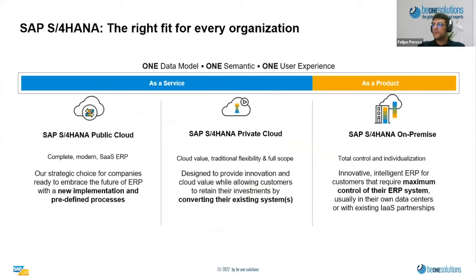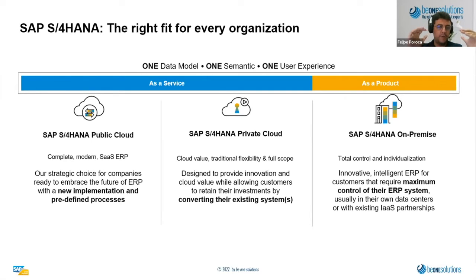Right. So here's one of the first questions, right? Which version do you intend to go? This is one of the doubts our customers have when they decide to go to S/4HANA. And these SAP S/4HANA versions generally cause some confusion. It's normal, and that's why we are here to explain to you.